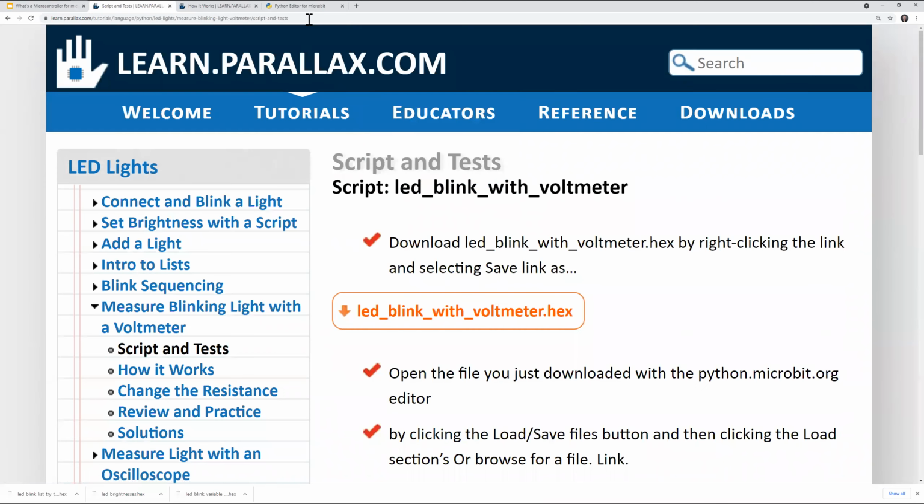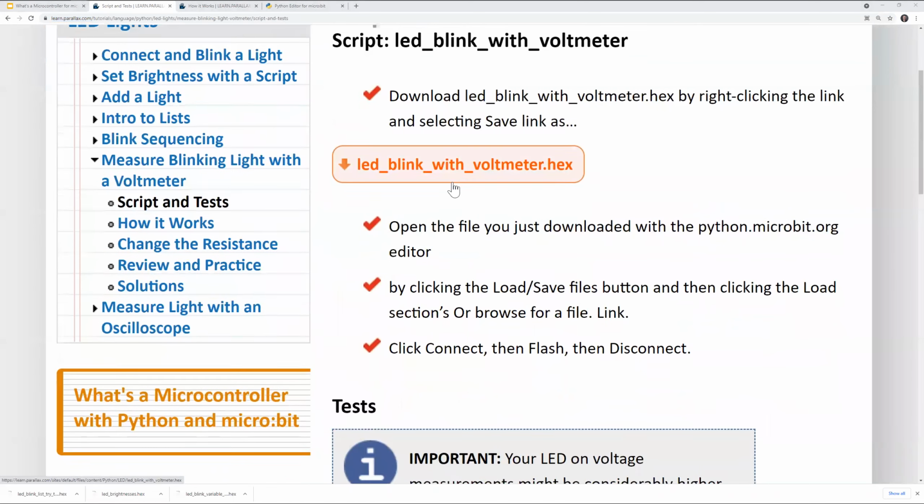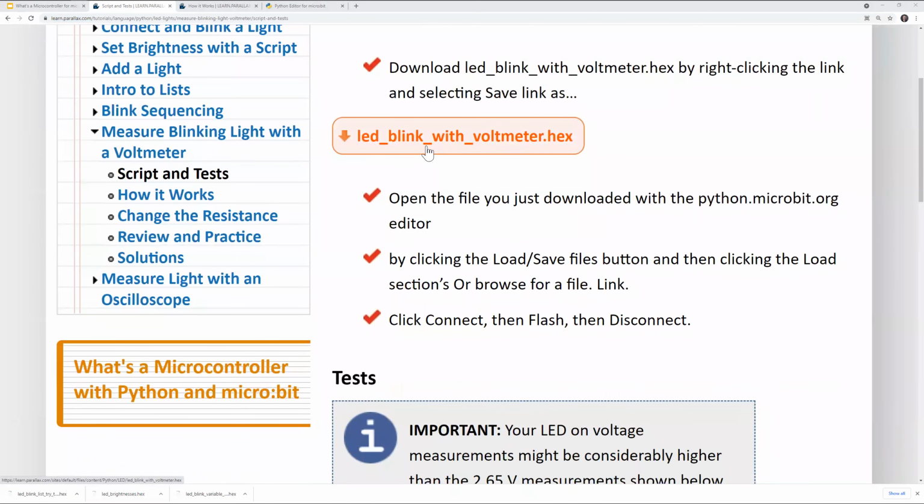And then I pasted in the hex download. Now this time, this is what the students do. So it's a little bit different from those things I was sharing with you. All your students are going to do, if they have a pre-written piece of code like this download, is right click and select Save Link As.